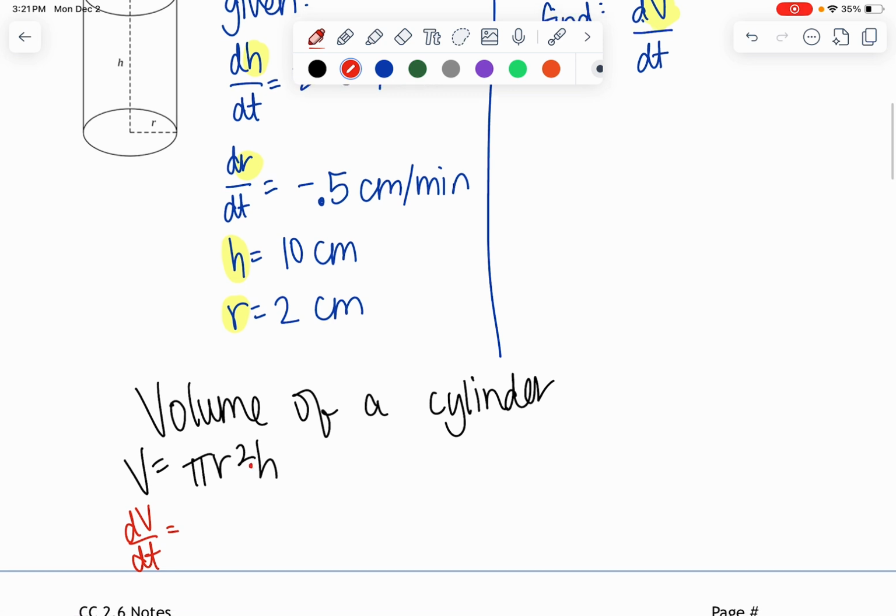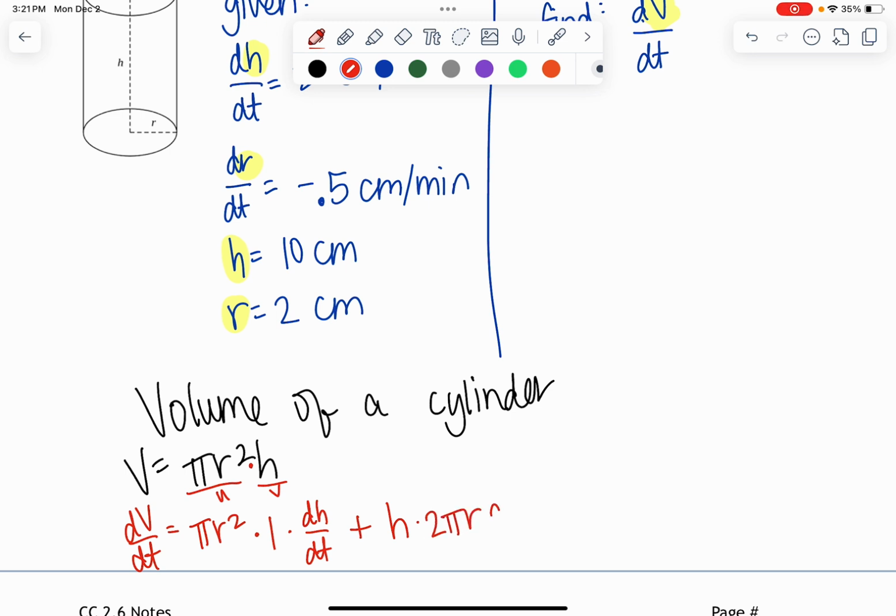Because this is a product situation, because we've got an r and an h, I'll have to do the product rule. So u v prime, the derivative of h would be 1, and it had an h in it, so dh/dt, plus v times u prime, 2 pi r dr/dt.